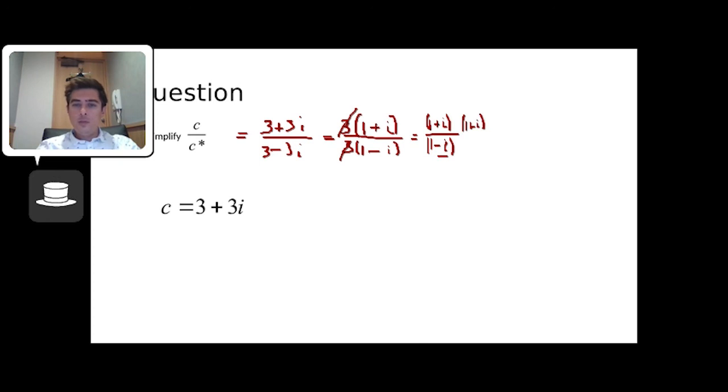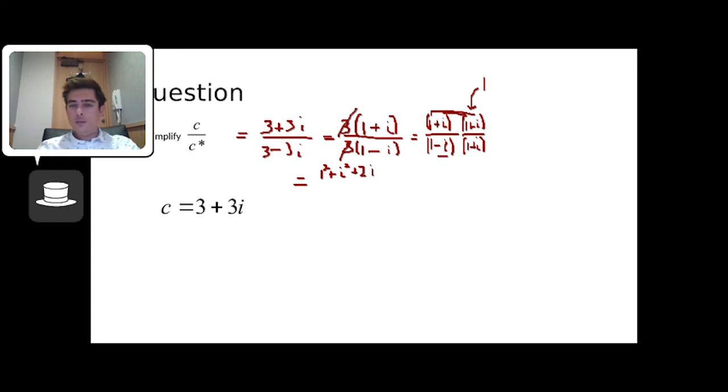Notice that this second part I'm multiplying by, 1 plus i divided by 1 plus i, is obviously equal to 1. We can just multiply this out. The numerator is (1 plus i) squared, which is 1 squared plus i squared plus 2i, because of the cross terms.